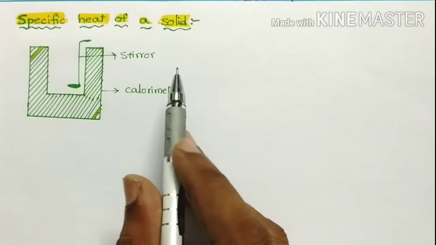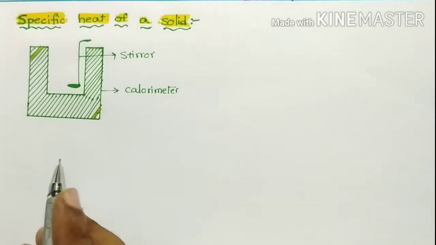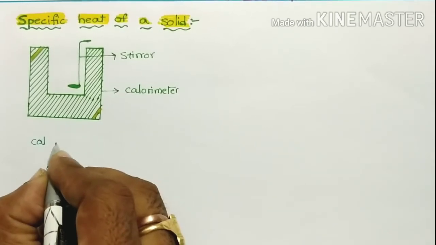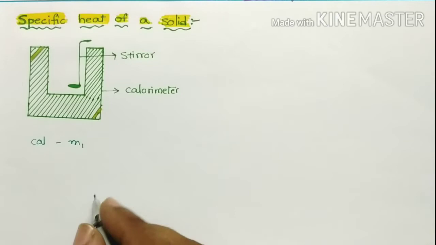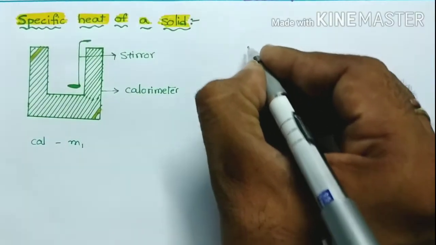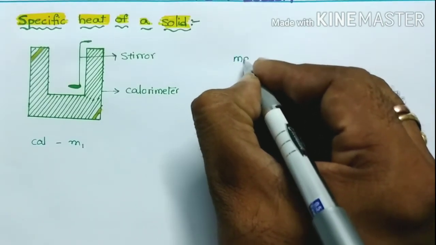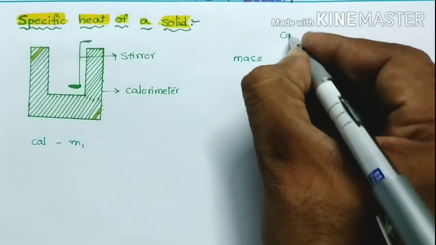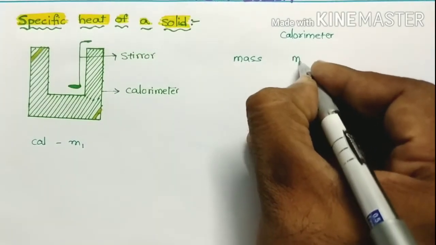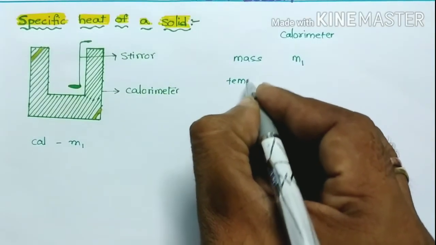To find the specific heat of a solid, take one calorimeter and measure the mass of the calorimeter. Let it be m1. That means the mass of the calorimeter is m1, and let's measure the temperature of the calorimeter.